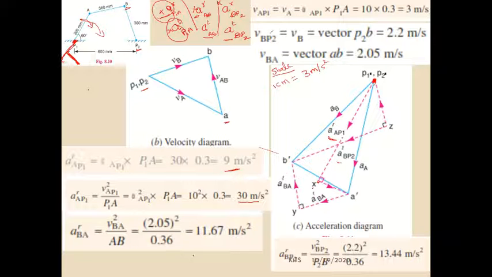The AB value is 11.67, around 12. Since 1 centimeter is 3 meter per second square, 11.67 will be around 3.9 or 3.8.